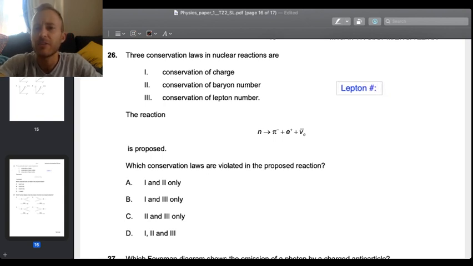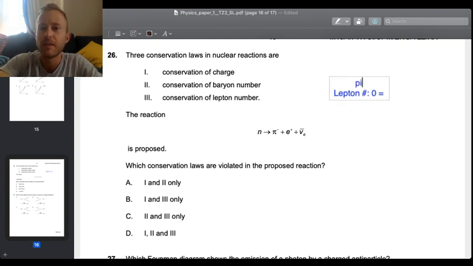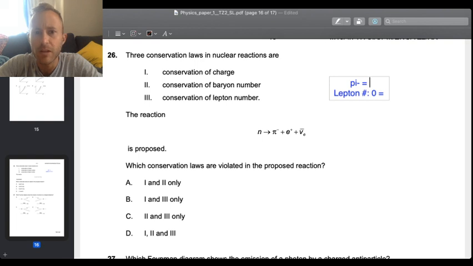The reactant has a lepton number of 0, and the product, well, the pi minus, I should say what a pi minus is. It's a, why am I blanking on what it is? It's a down quark and an anti-up quark.